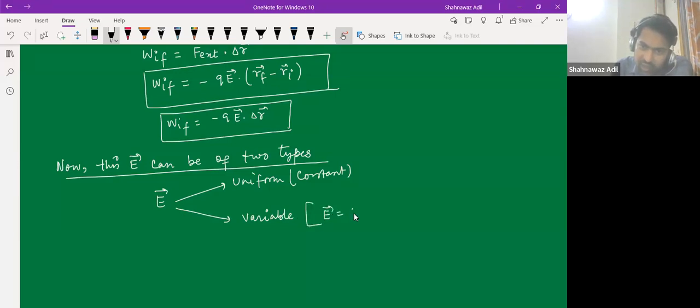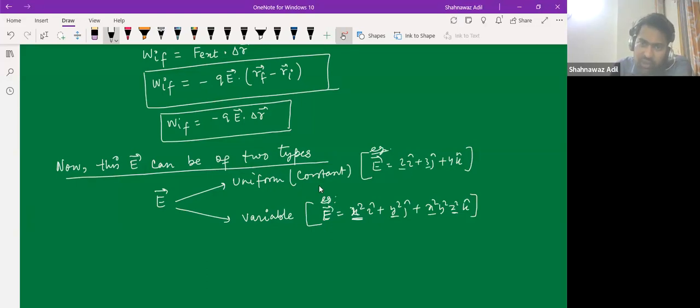Let's say the electric field is x square i hat plus y square j hat plus x square y square z square k hat. This depends upon the variables, so it is a variable electric field. A constant electric field is simply 2i plus 3j plus 4k. This is not depending upon any variable, so this is a uniform one, and the other is a variable one.